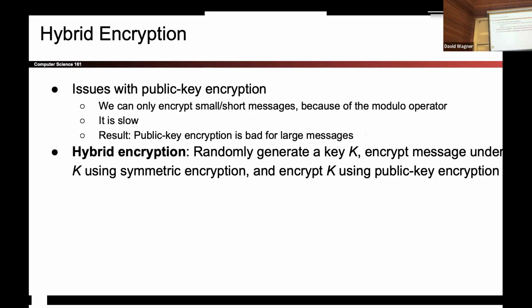And it doesn't require any shared key, just like public key cryptography. Also, it addresses a limitation of RSA and El Gamal that they can only encrypt short messages because the message can't be any longer than P or N. So this is in practice what everybody does. If they want to do public key encryption, they actually do hybrid encryption.